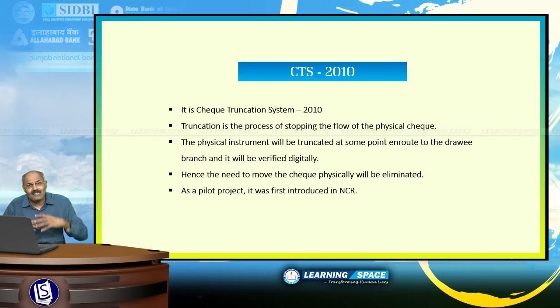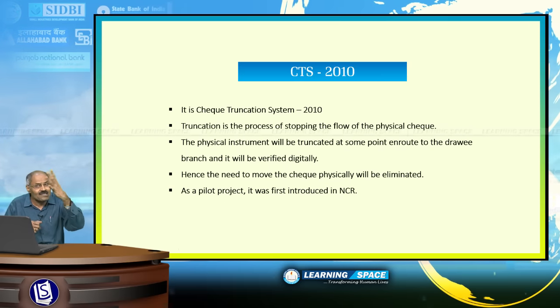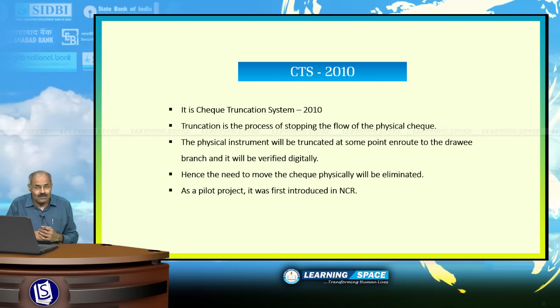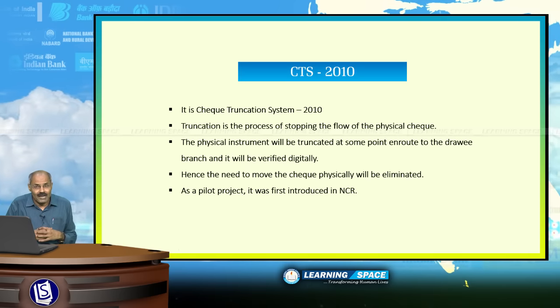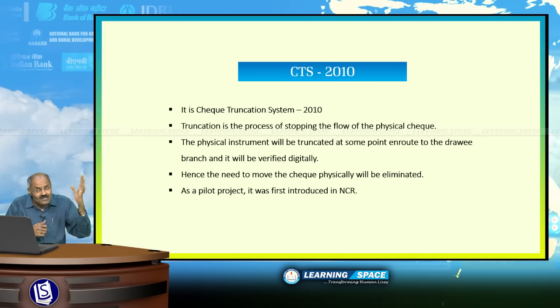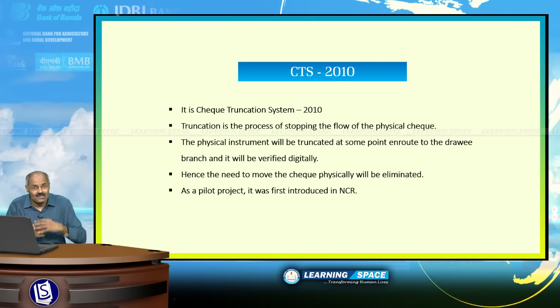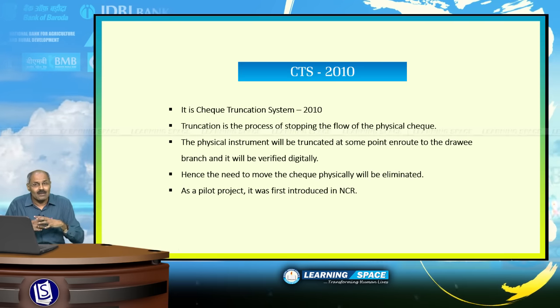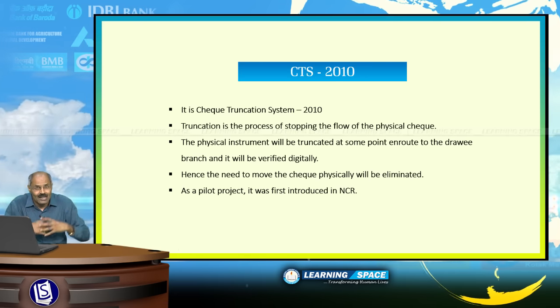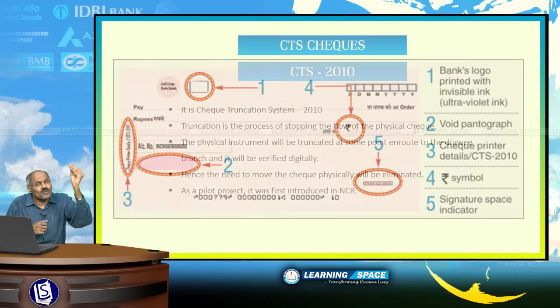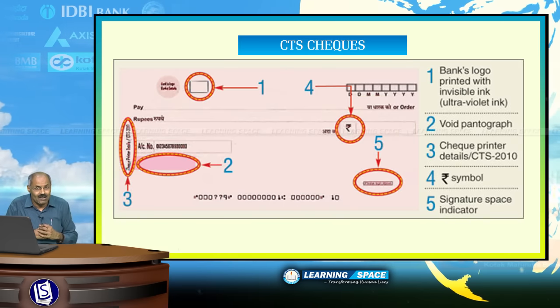And look at CTS 2010. Now CTS checks are almost everywhere. The government first introduced these CTS checks in the National Capital Region, and subsequently they are covering almost the entire country now, but still a very small percentage of non-CTS checks are in operation.